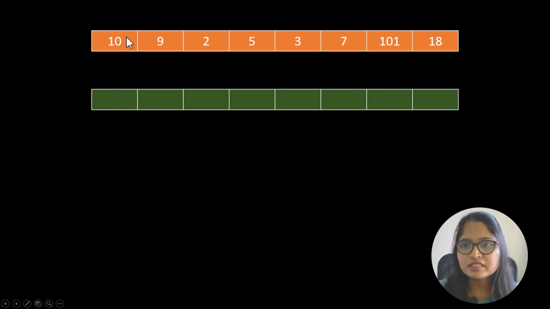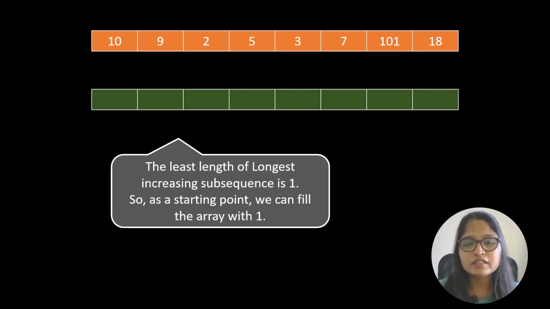This array depicts, including this particular element, what is the longest length of subsequence that I can get. Initially, if you include any element in a subsequence, the smallest one that you can get is of length 1. So we can fill the entire array with 1, because that's anyhow what we are going to get. So let's do that. So this got filled with 1.